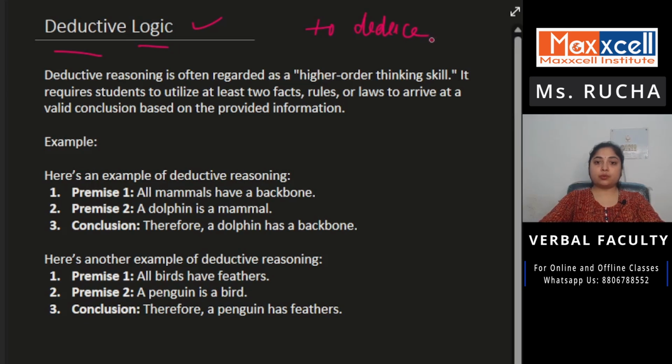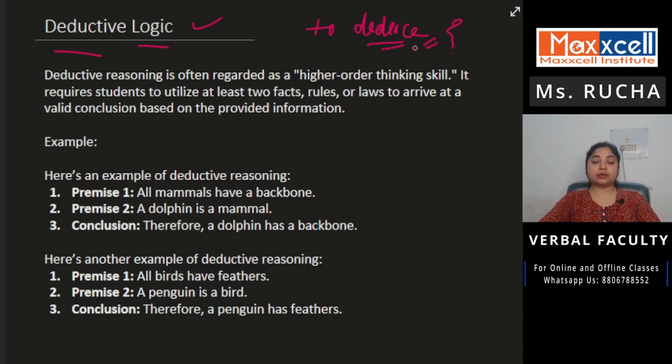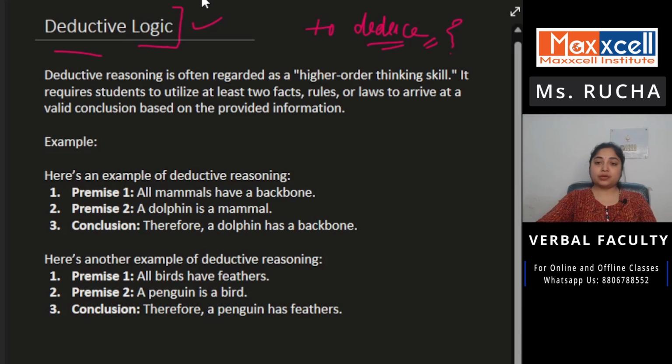Now, what are you deducing and from what are you deducing that? You are deducing a logical conclusion from the information that you have. Now, to land at a proper conclusion, you will have to apply logic, and that's where this particular word comes into picture. To understand it better, let us go through the definition word by word.